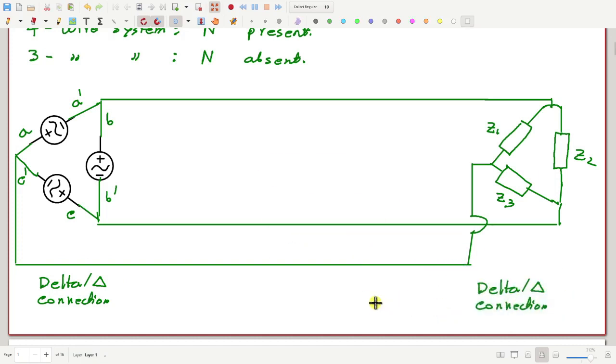But it is not necessary that both sides are connected in delta or both sides in star. You can also have one side connected in star and the other side in delta.